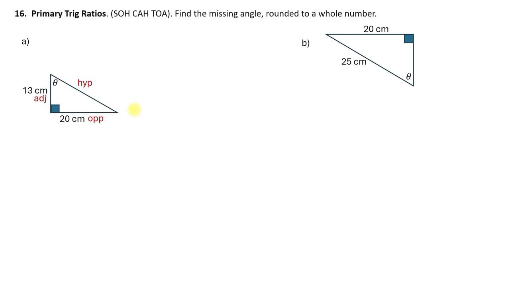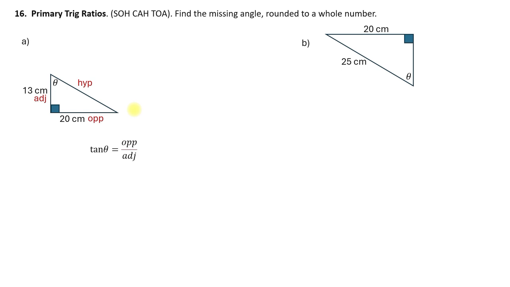So we are given the opposite and we are given the adjacent. So the trig ratio that deals with opposites and adjacents happens to be the tangent. So we can say the tangent of some angle is equal to the opposite over the adjacent.